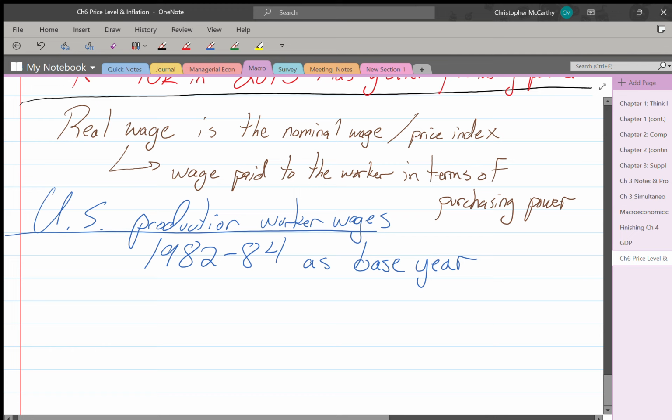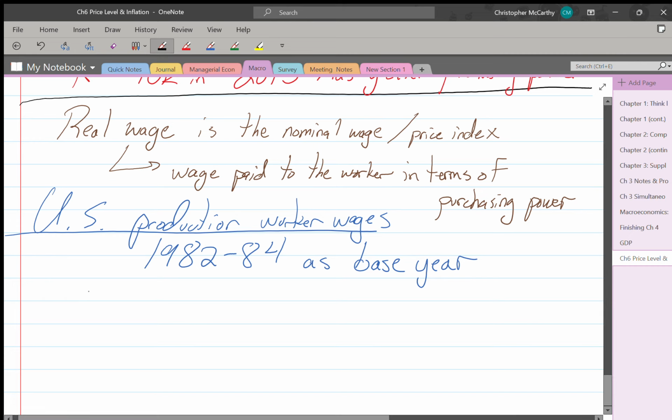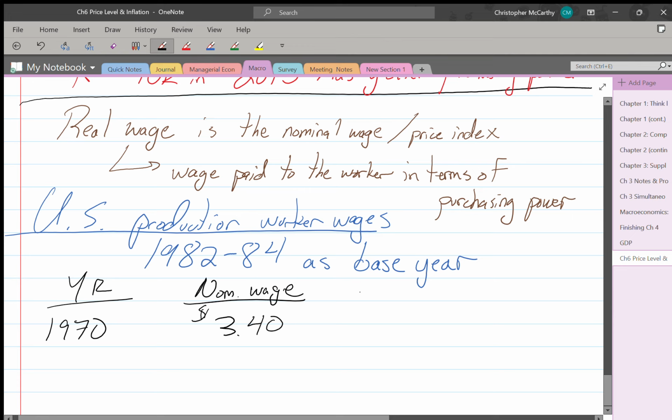And so let's go ahead and take a look. Our average nominal wage in 1970 for production workers was $3.40. But what was our price index at that time, right? What was our consumer price index? It was 0.388.